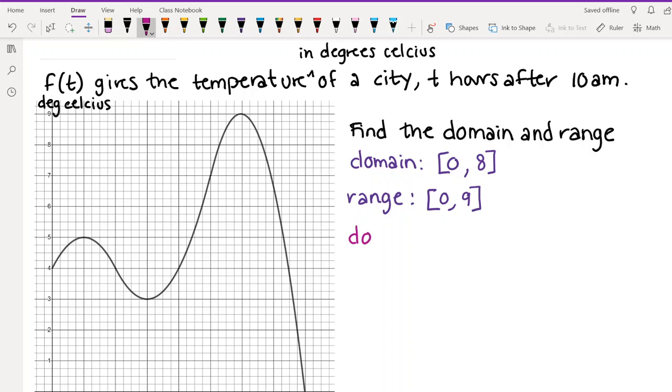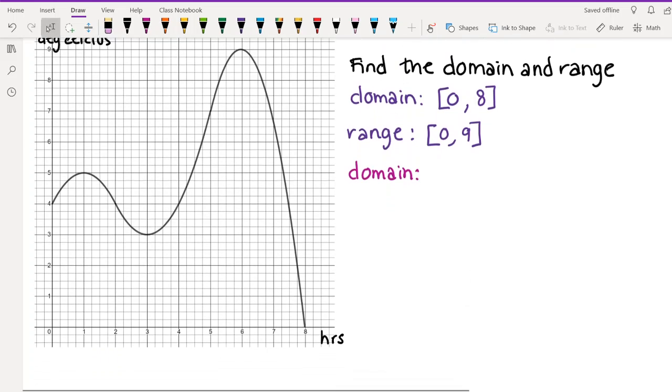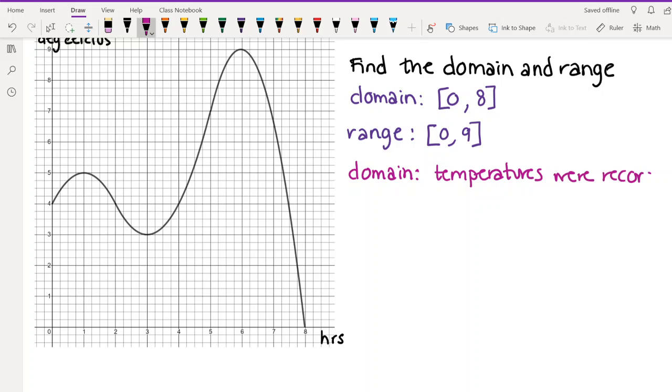So what does this tell us? The domain tells us that this is the time period during which the temperatures were being recorded, right? Time goes on before and after this, but this is the data we have. So the domain starting at 0 and ending at 8 tells us that temperatures were being recorded from 0 to 8 hours after 10 a.m., because 10 a.m. was our starting time.